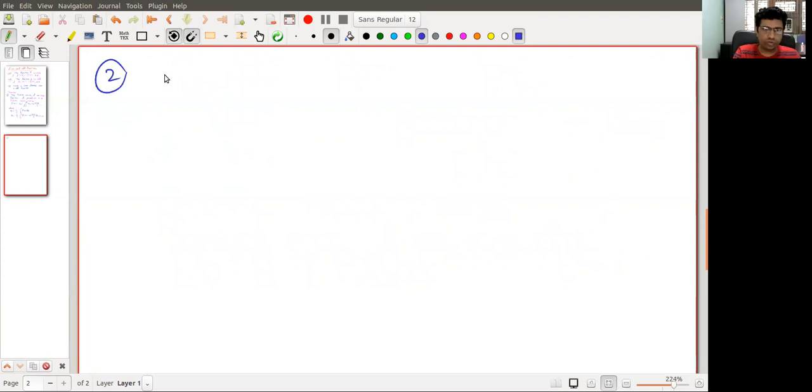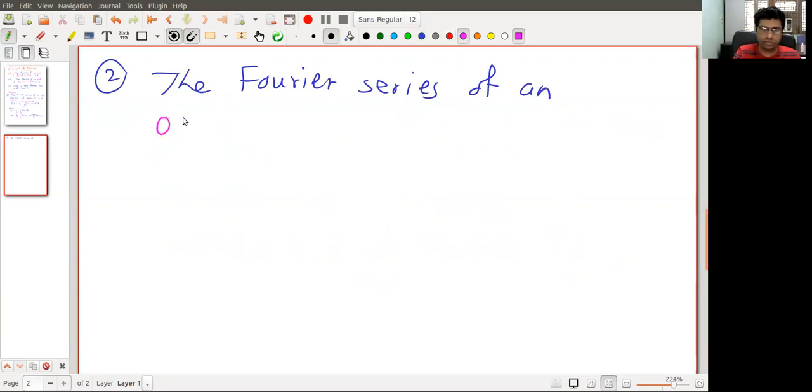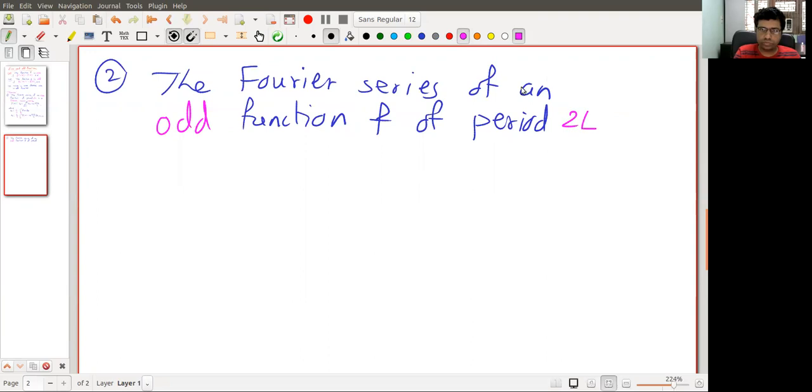The Fourier series of an odd function f of period 2L is a Fourier sine series.